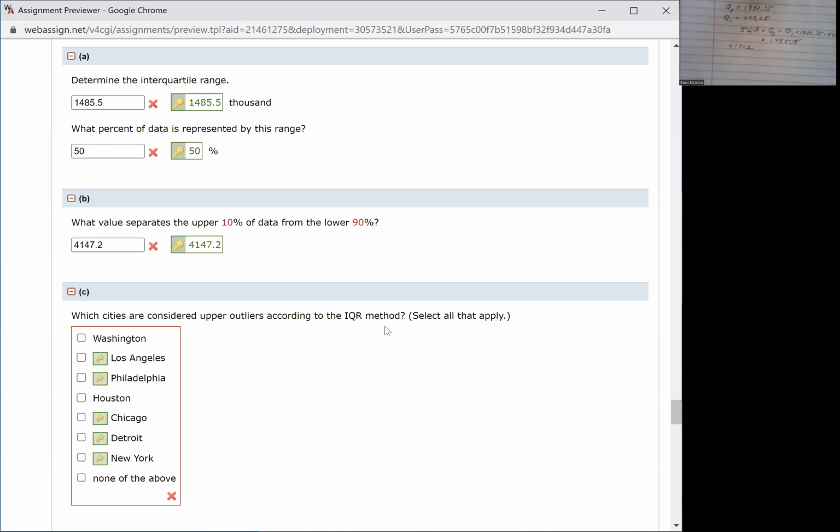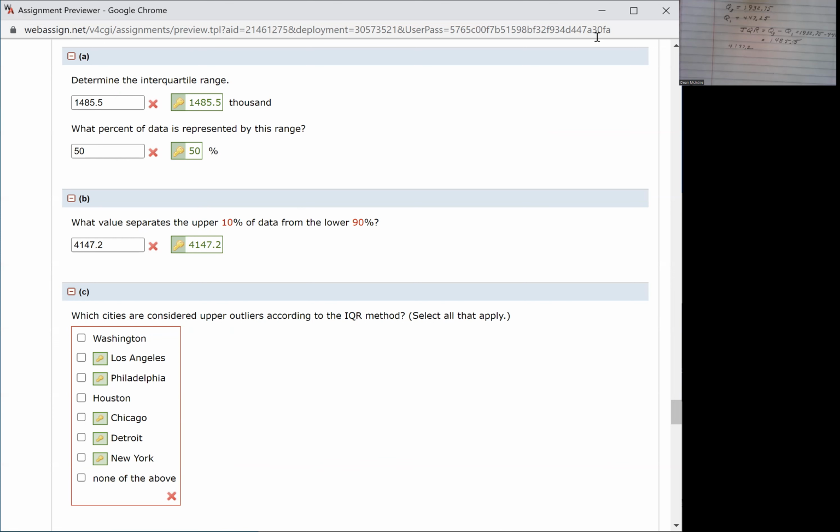And any data item that is greater than that number is an outlier. So let's do it, and we'll find what it is, and then we'll look at each one of these values that are given and see if they are an outlier, okay?